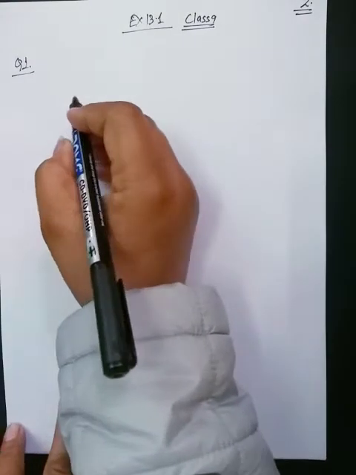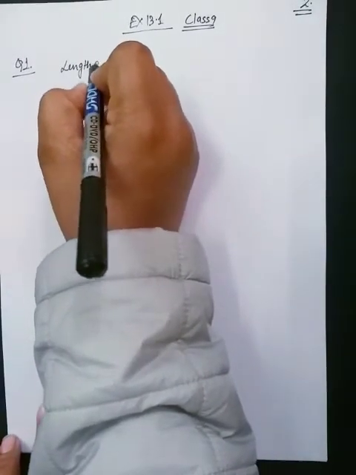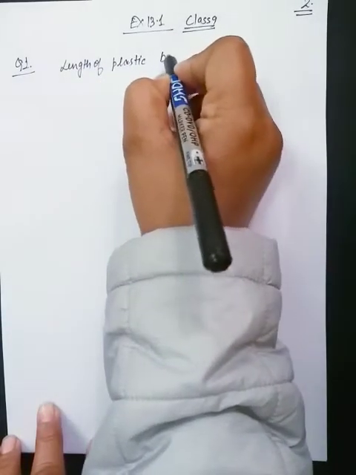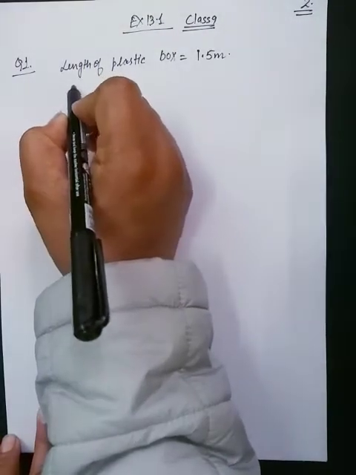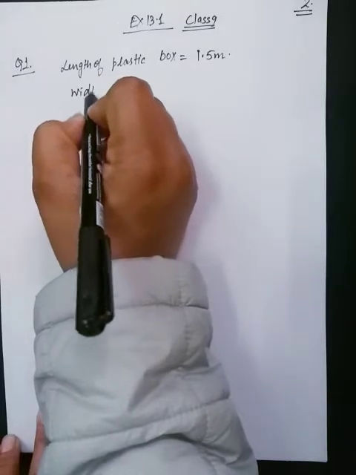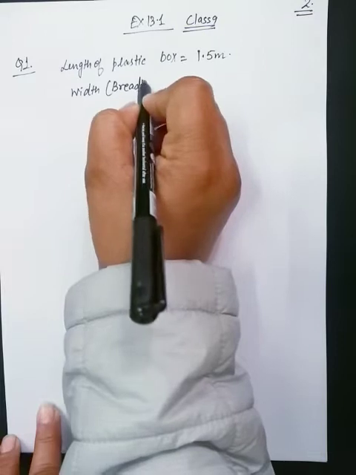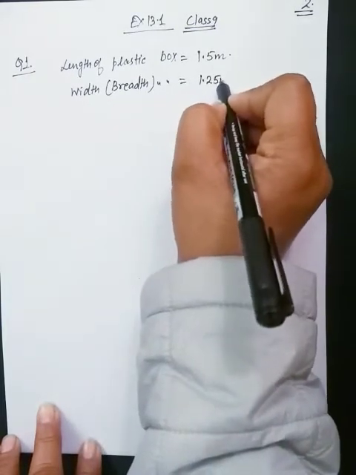So first of all we are going to write the length of the plastic box. That is given to us 1.5 meter. And width means breadth. This is 1.25 meter.